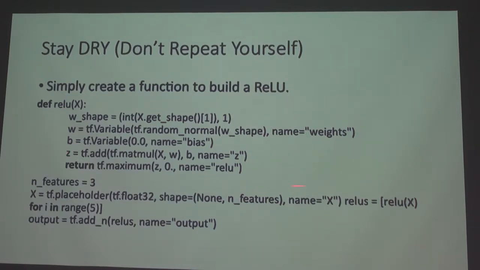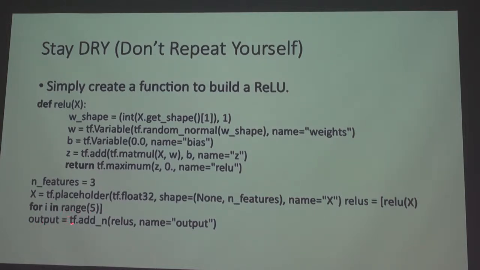We're going to extract this into a function. We set the number of features to be 3, and here we use the placeholder to assign the input. Of course, the first dimension is still None, because we don't know how many inputs it's going to be. Then relus equals relu(X) for i in range(5).